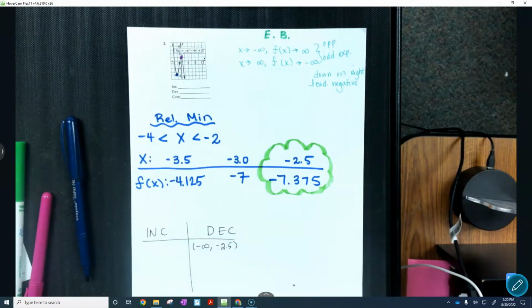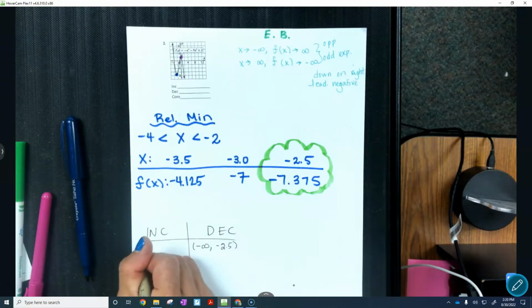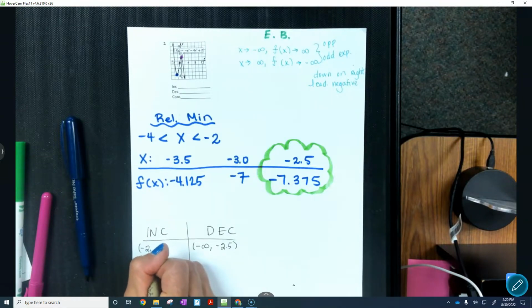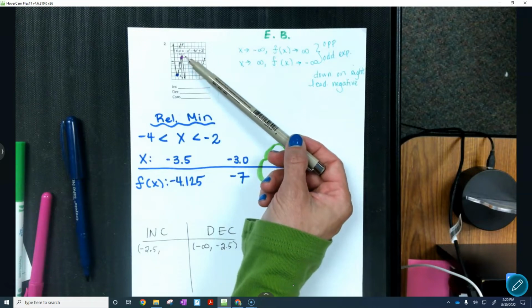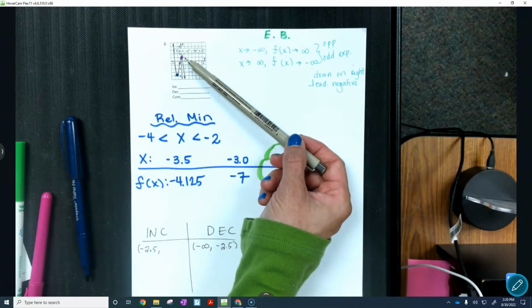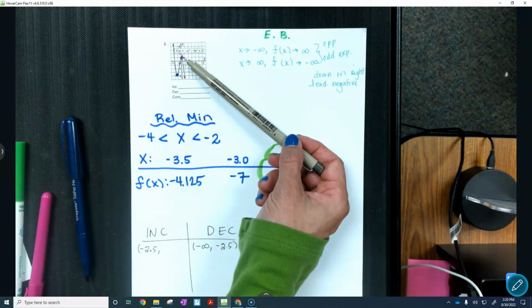And what happens as soon as you turn the corner? It goes up. Recopy the negative 2.5 on the increase line, because that's where it starts going up. But it doesn't go up forever. It hooks back down. Thank goodness that critical point is a lattice point. What's the ordered pair for that? 0, 2 is the ordered pair, but remember, we just want the x's.